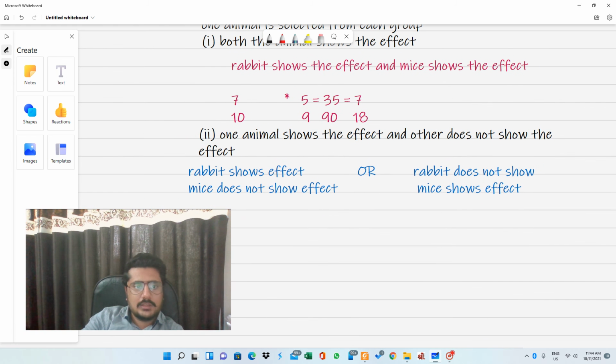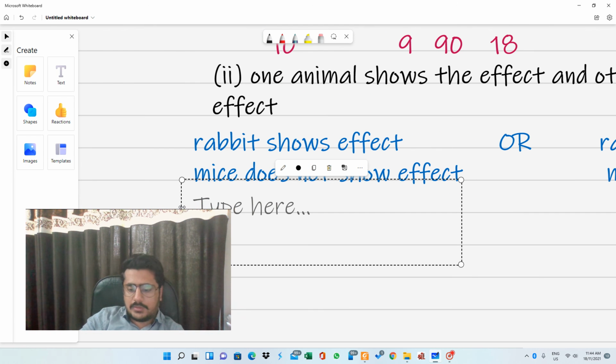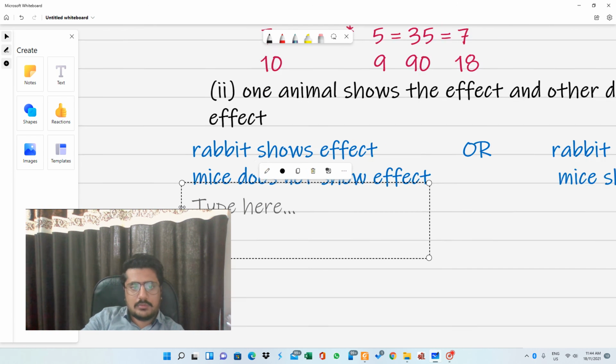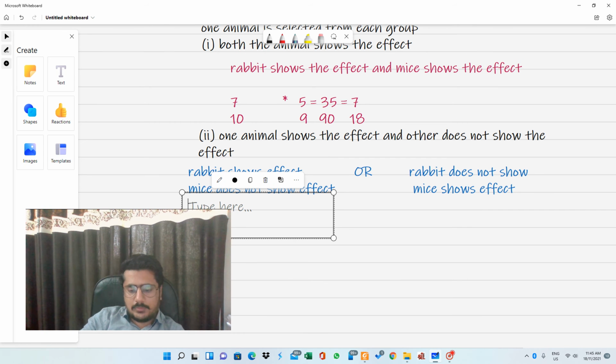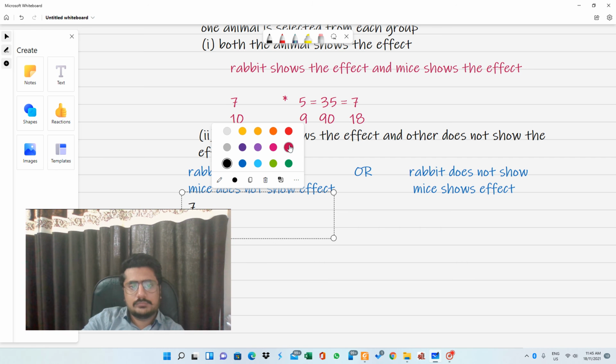And the mouse does not show the effect. From 9 mice, 5 show the effect. That means 4 do not show the effect. So, it is 4 by 9.